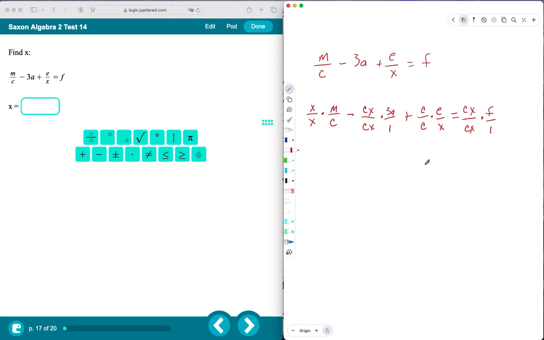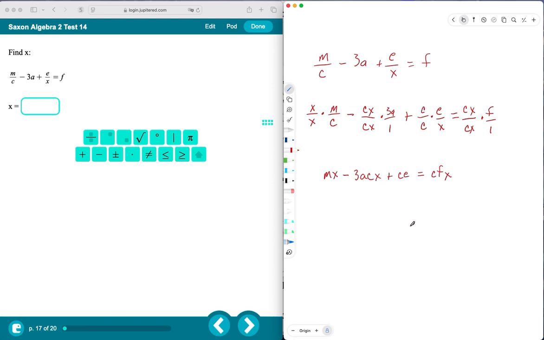Okay. We know that in doing this, now everything has the same denominator. So all we need to do is multiply the numerators. We can drop the denominator. So that's going to be mx minus 3acx plus ce is equal to cfx if we write everything in alphabetical order.